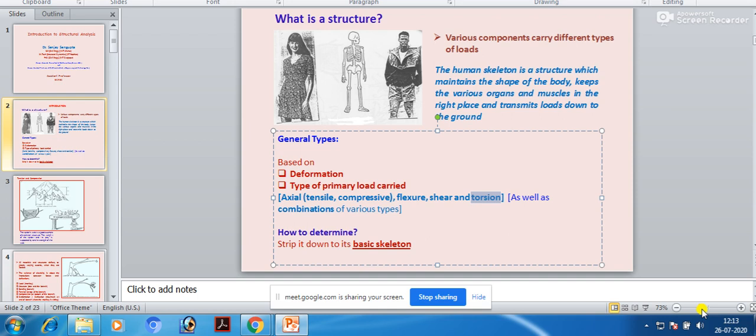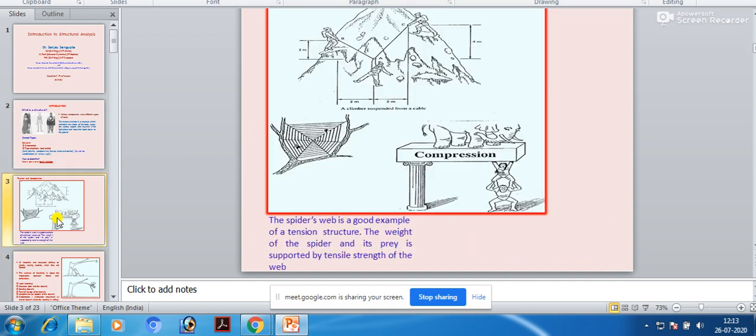You will first take the whole structure, then take it part by part, separate it out and break it into a basic skeleton, and then you need to analyze the structure. Now let us go to an example. So see this one.